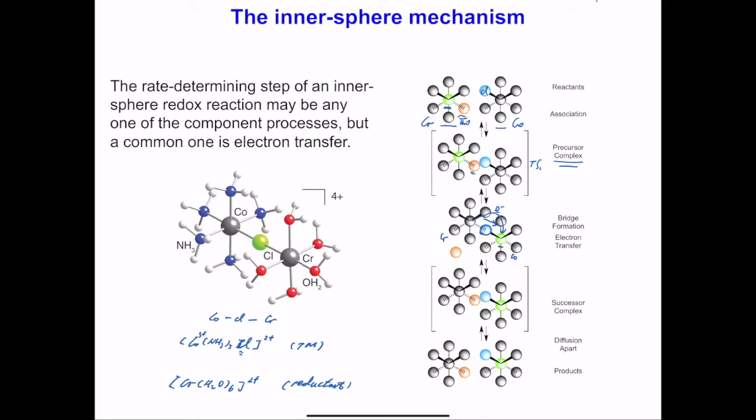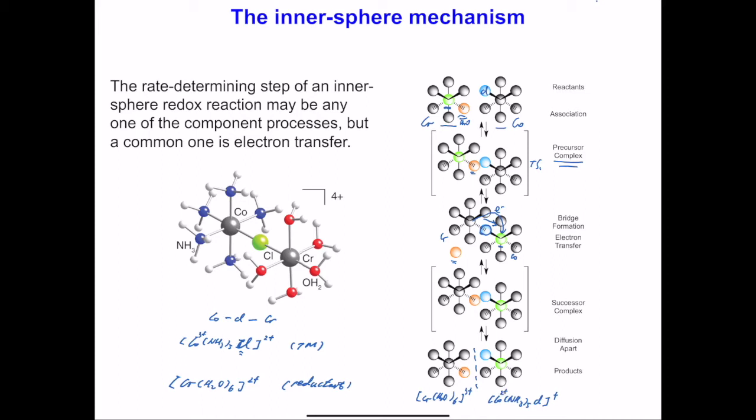Then this chloro-bridged complex dissociates, the chromium picks up the water ligand again, and you get two fully separate species. Chromium water 6 is now 3 plus since it lost an electron, and the cobalt is now 2 plus. You see the redox change.